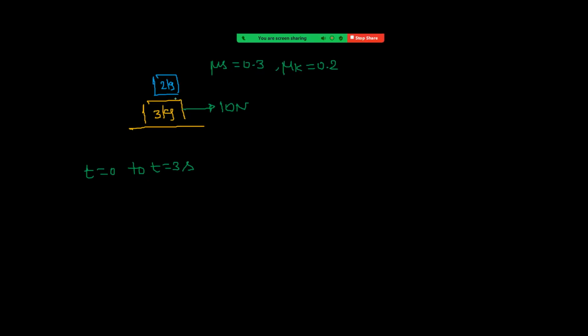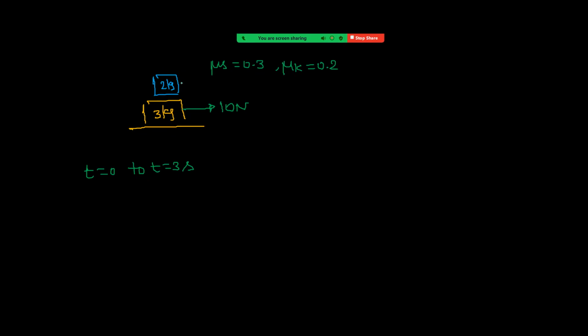So first focus here between the blocks, slipping is there or not, because if slipping is there, then friction becomes kinetic. Okay, if there is no slipping, it will be static, right? So first of all, focus on the 2 kg block. This 2 kg block is moving only because of friction.